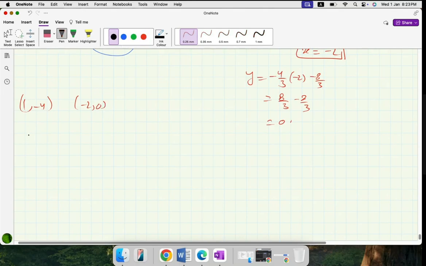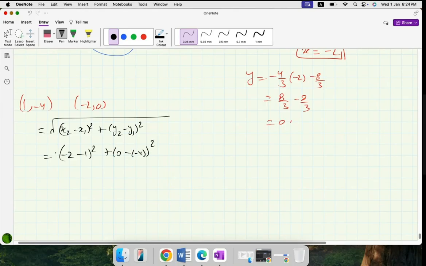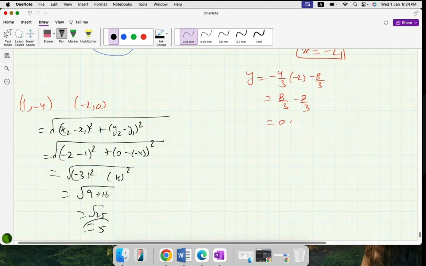So you can apply the distance formula to find the distance between these two points: the square root of (x2 - x1) squared plus (y2 - y1) squared, which is (-3) squared and 4 squared, 9 plus 16, 25, and the root is 5.